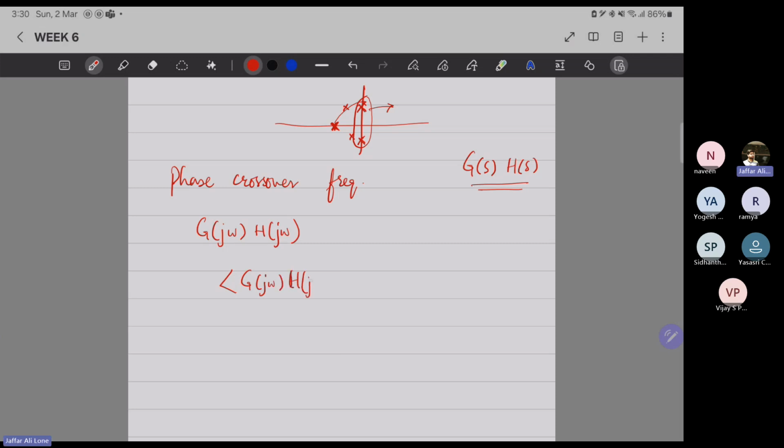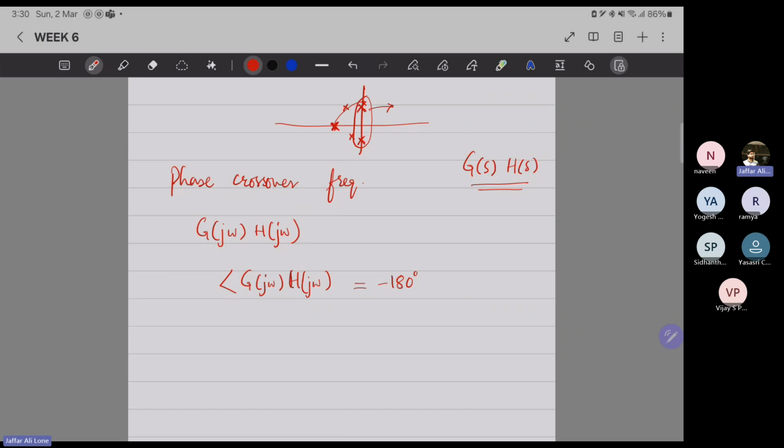And one more thing, I told you in the beginning, it's frequency response analysis. We are changing frequency and then plotting magnitude and phase. So the value of frequency for which the angle of G(jω)H(jω) is equal to 180 or minus 180 is called phase crossover frequency.